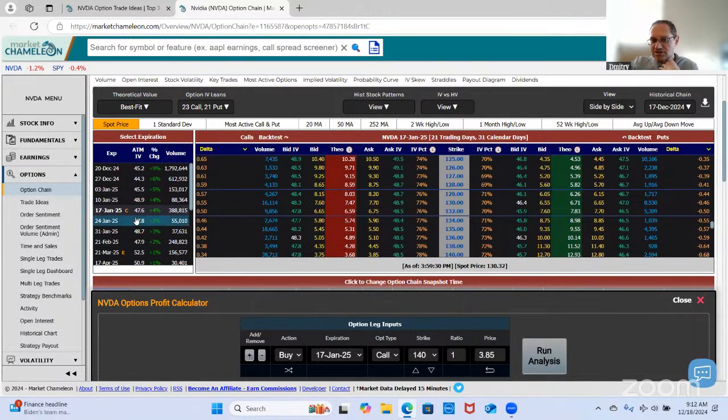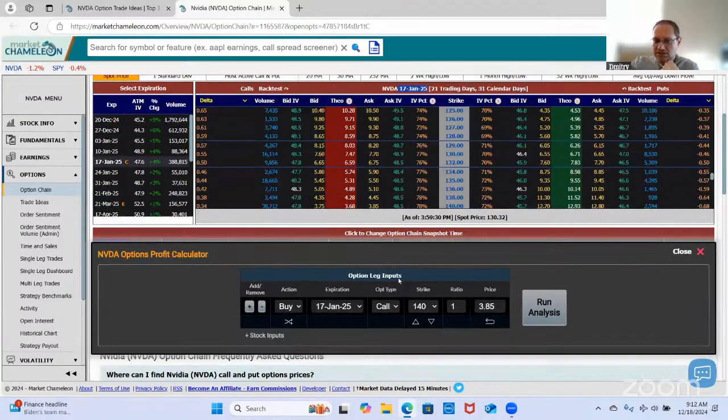It auto-populates the expiration we were looking at from the option card. So you can see here January 17th, 25 expiration. And it also automatically selects the call or whatever strategy we're looking at. So in this case, it's the buy January 17th, 140 call for $3.85.